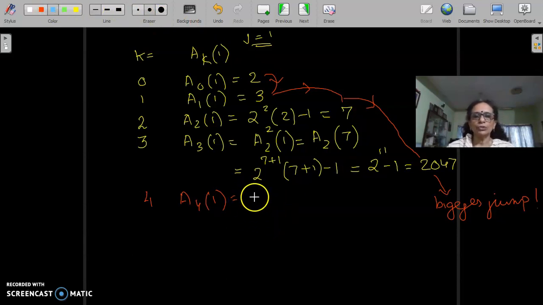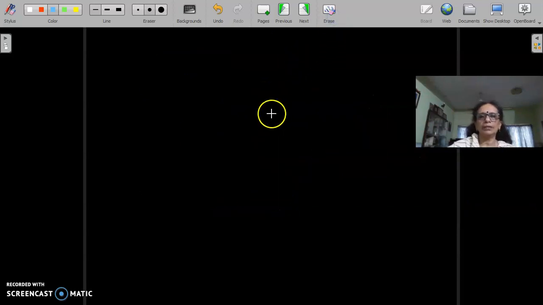So a_4(1) would be a_3... just a minute, let me get that right. What is going to be a_4(1)? a_4(1) is going to be a_3 applied 2 times to 1, isn't it?